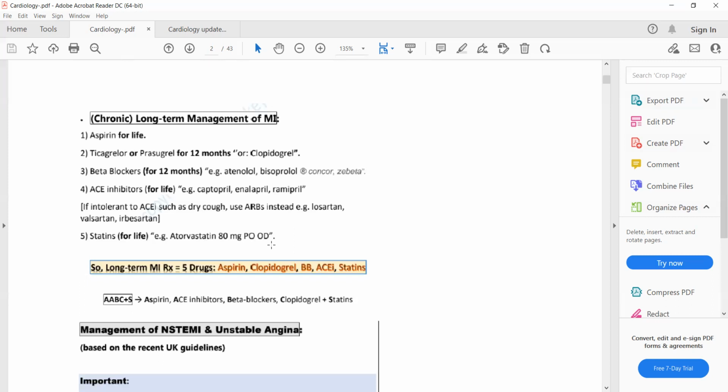Why do we do angiography within 24 hours? This will be written in the question paper that this patient will go for angiography within 24 hours. What are those conditions? There are two types of patients who need to undergo angiography within 24 hours.